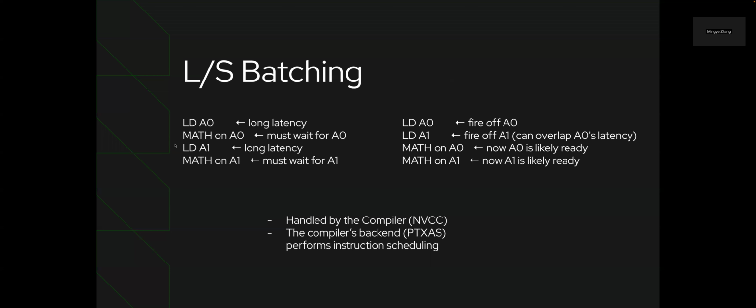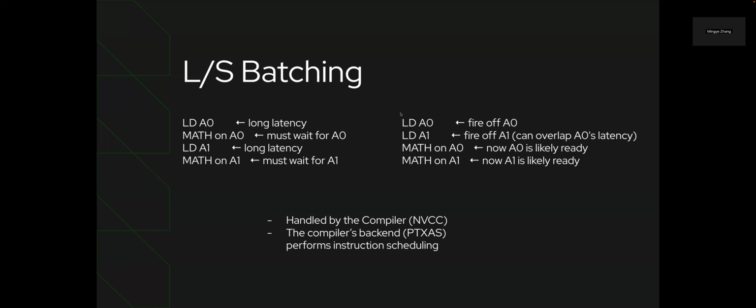This is just increasing the latency. On the right, a more optimized version is that we can fire off the loads at the same time. By doing so, we hide the latency of the load. After we get the results from the loads, we can do the math operations on the respective data, also in a parallel manner. So this will again speed up the code.